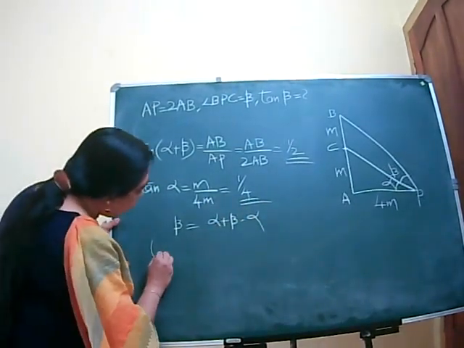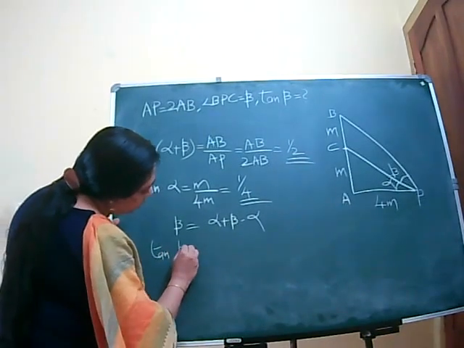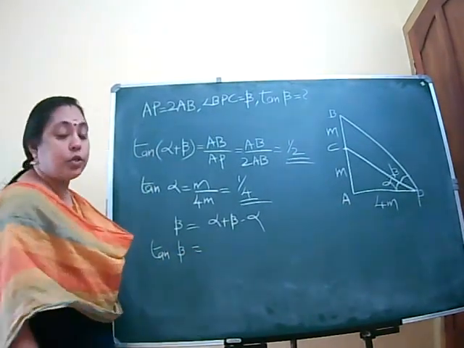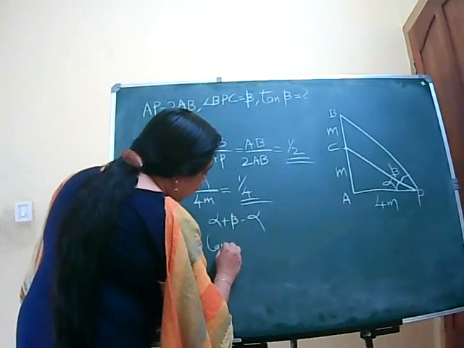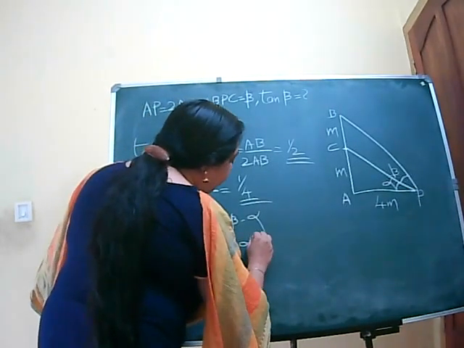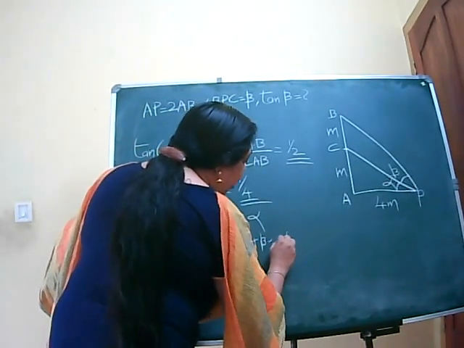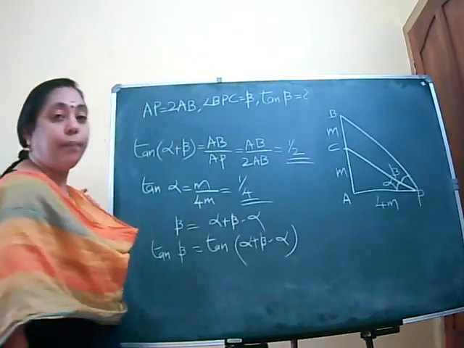Then tan beta is equal to tan of alpha plus beta minus alpha.